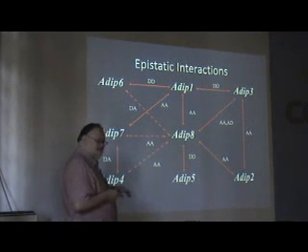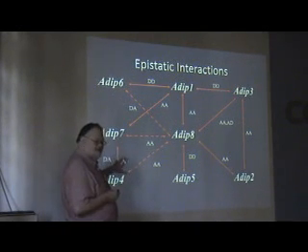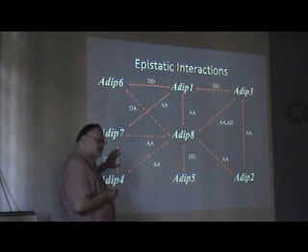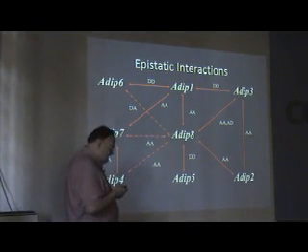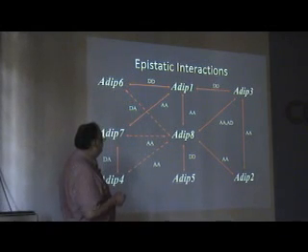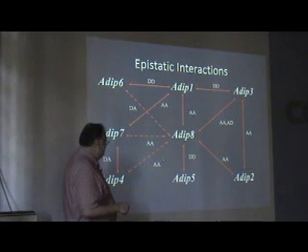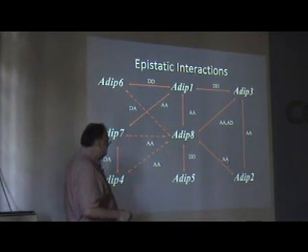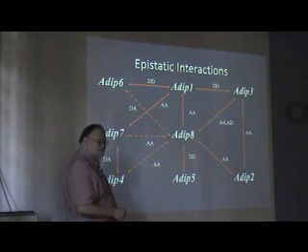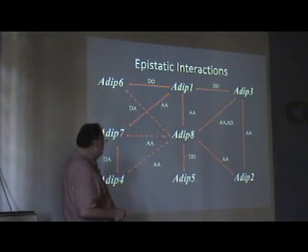This is a chart, a network of the epistatic interactions just between the QTLs that we saw. You can see that it has all kinds of epistasis represented: additive by additive, additive by dominance, dominance by additive, and dominance by dominance. All of them are represented in here somewhere.